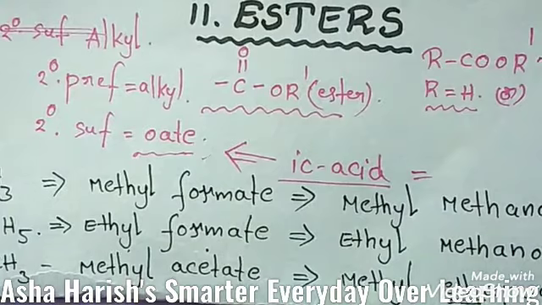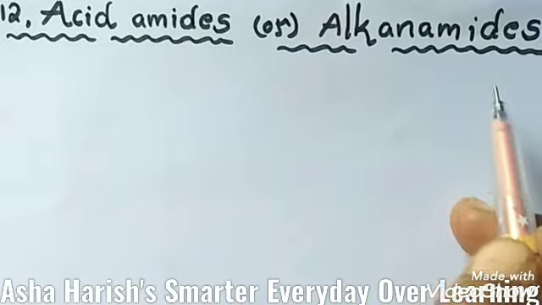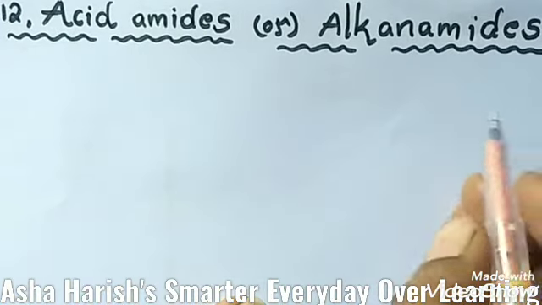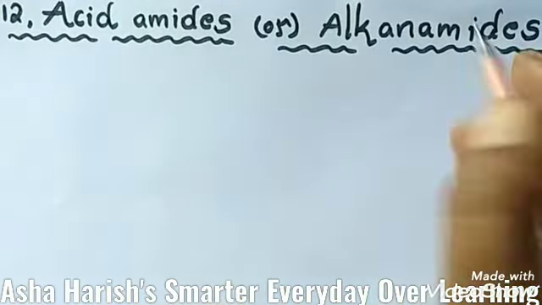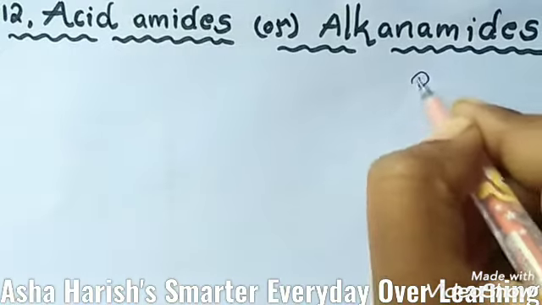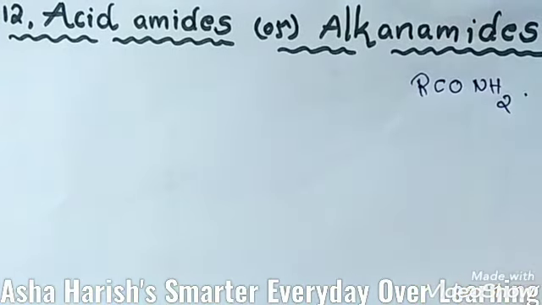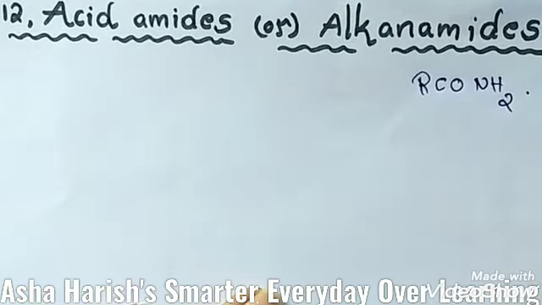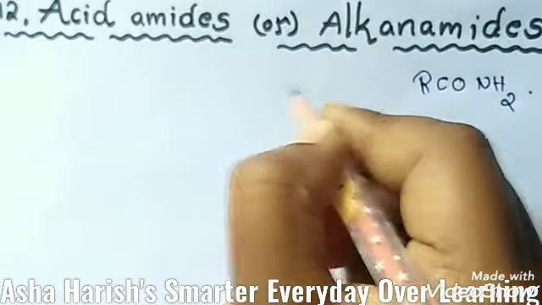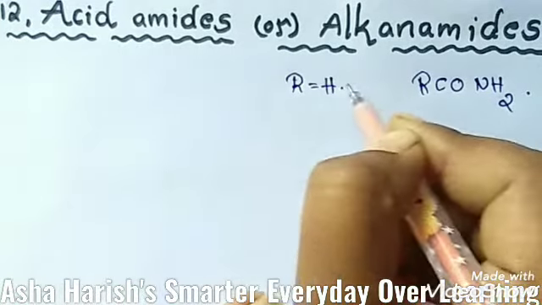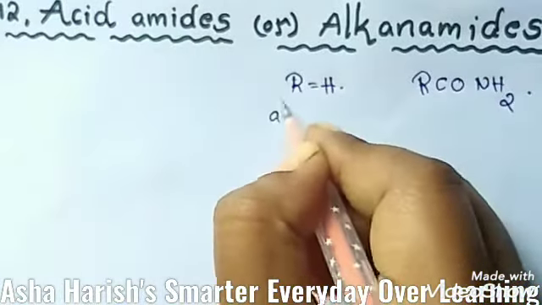Let's go for the next one. The 12th one is acid amides or alkanamides, right? We shall start this with the general formula of acid amides, RCONH2, where in the place of R you can take hydrogen or any alkyl group.